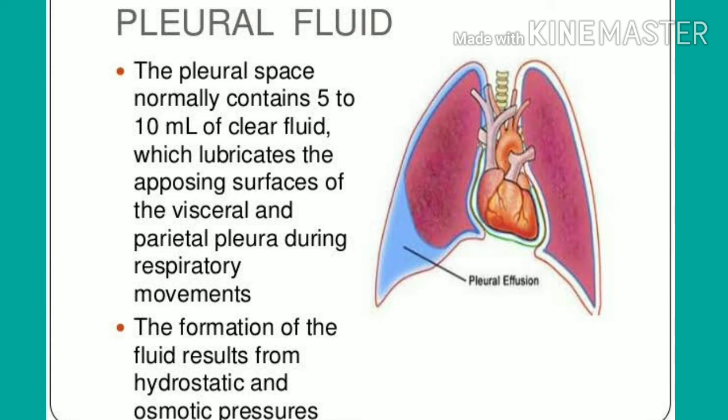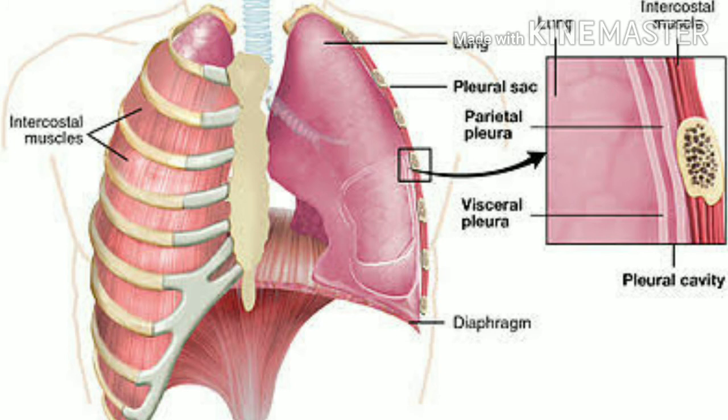The pleural fluid reduces friction between the two layers, parietal and visceral, of the pleural membrane. The formation of the fluid results from hydrostatic and osmotic pressure. So what do you understand?